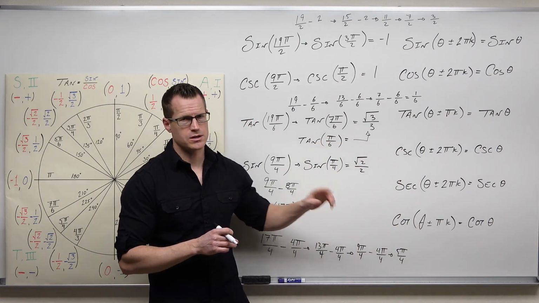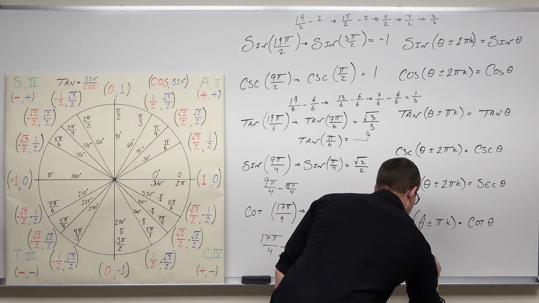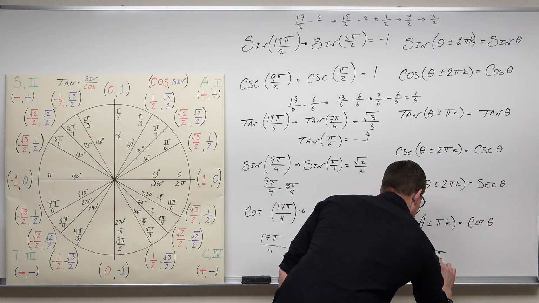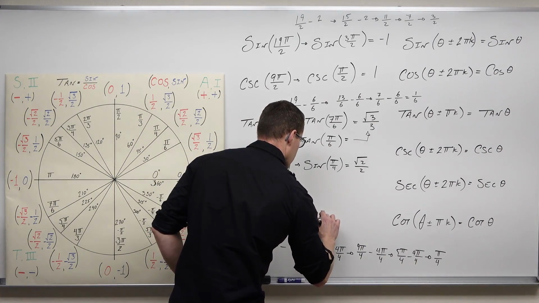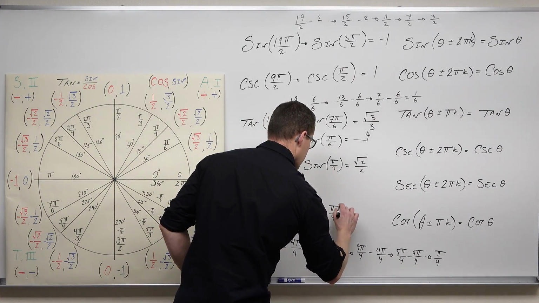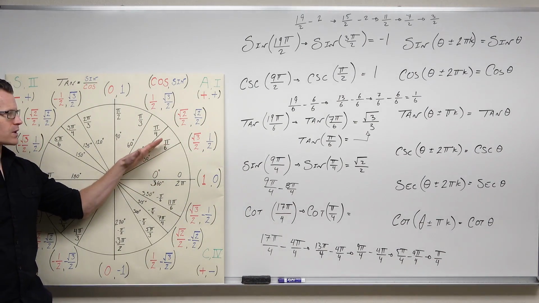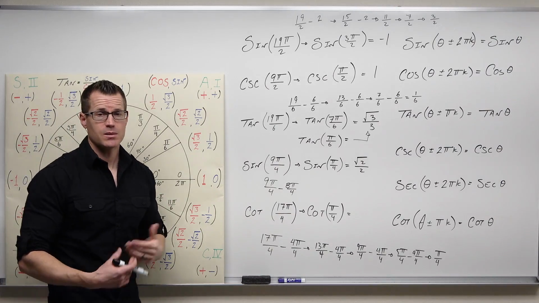That's 2 pi, somewhere in there. So that's going to give us this pi over 4. So cotangent of pi over 4, here's pi over 4, takes my x divided by my y. Because they're both the same, you're still going to get 1.